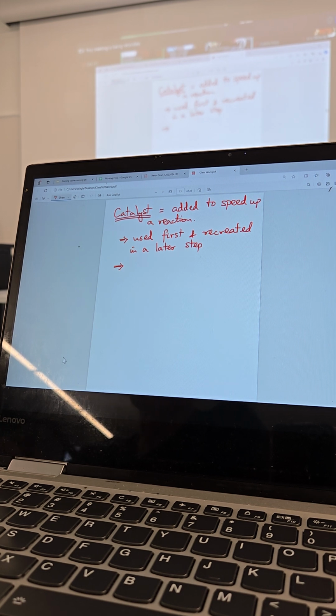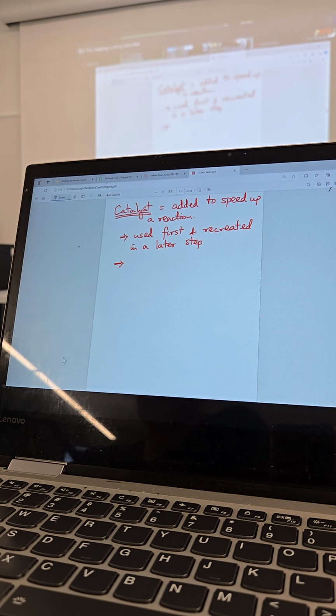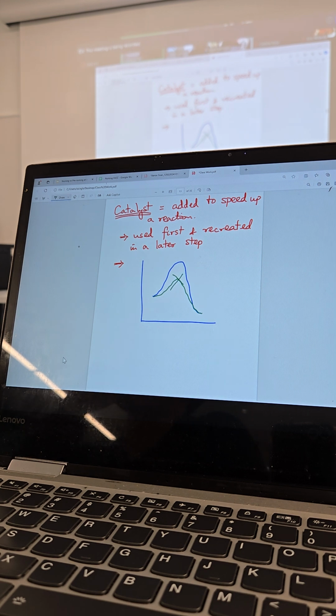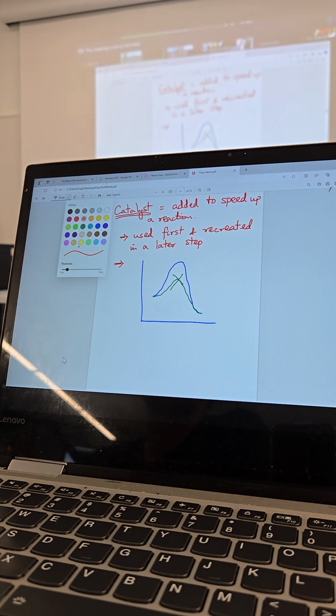Your biological systems have a lot of catalysts. Enzymes are catalysts. So, just to emphasize, if you have an energy profile, let's say reactant becoming product, the catalyst does not lower the activation energy. It's not like it makes it go faster because the activation energy goes down. No, not at all. The catalyst provides a different pathway for the reactants to become products, which overall has lower activation energy.